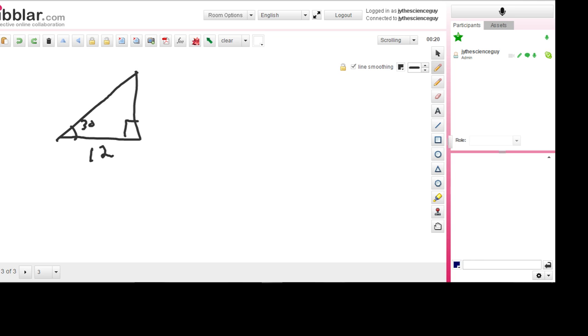Do I need to draw the other triangle for you? Let me see if I can get it. I can't. Would that side be 3 by any chance? No? Okay, then I've got no idea.